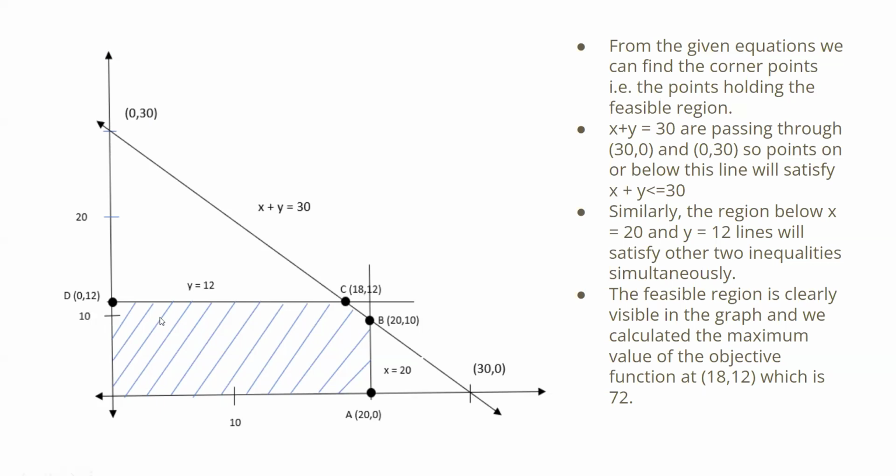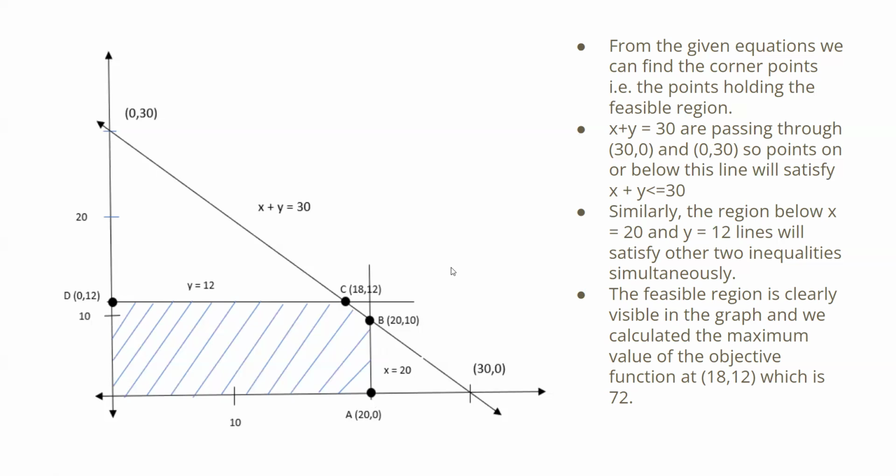So you are now done with plotting the constraints. Here you can see those lines intersecting with the axes or the other lines at some points. The bold points such as 0, 12, 18, 12, 20, 10, 20, 0, those are the corner points.